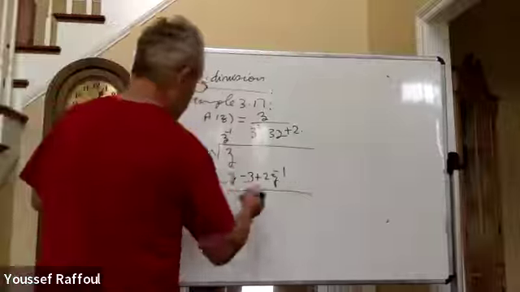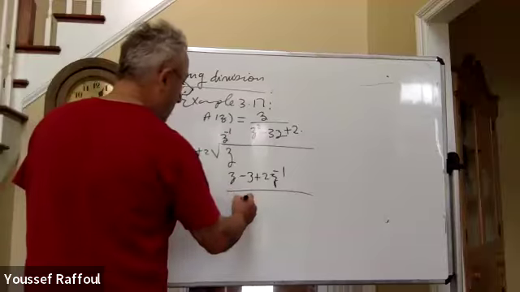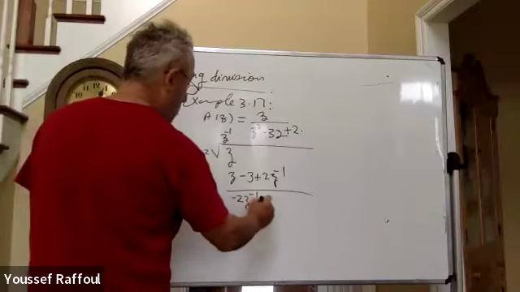You subtract and you get 3 minus 2z to the minus 1.